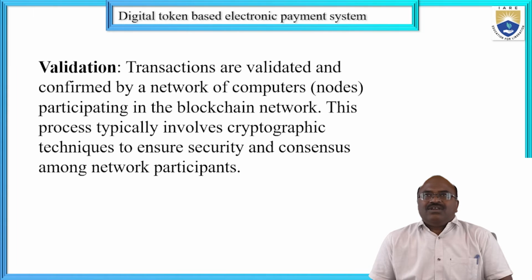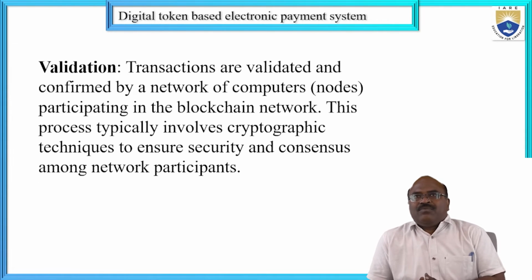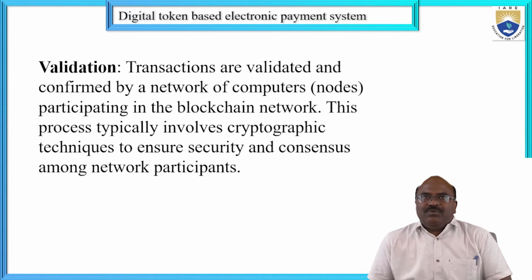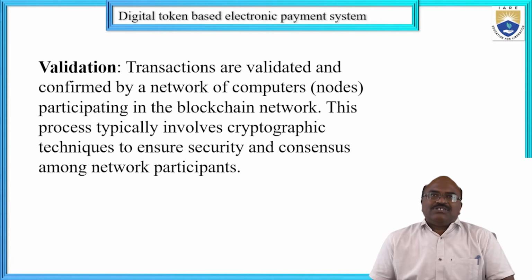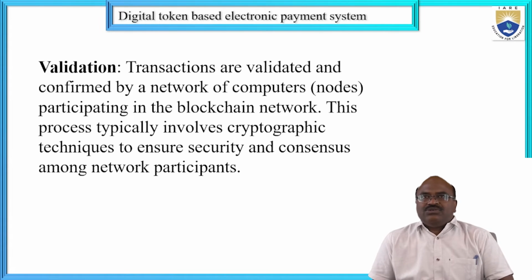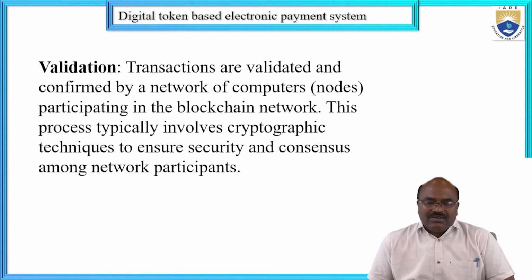Finally, the transaction is validated and confirmed by a network of computers participating in the blockchain network. So this process typically involves cryptography techniques to ensure security and consensus among network participants. The validation, authorization and authentication are called security. The validation is also confirmed by the network computers participating in the blockchain.